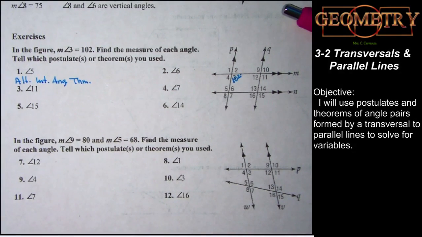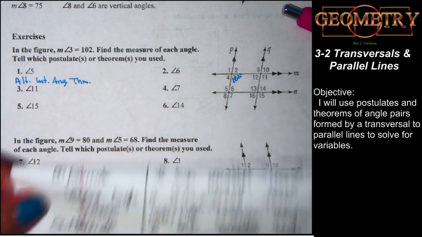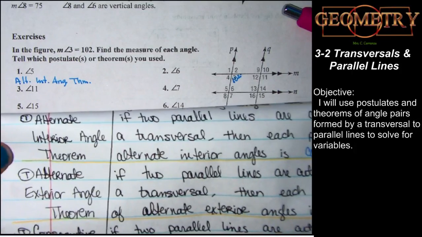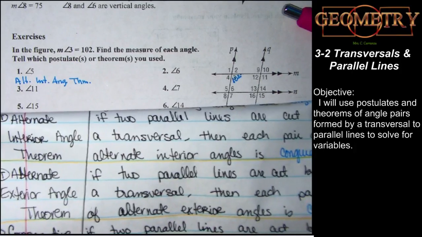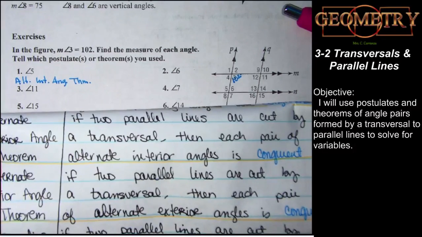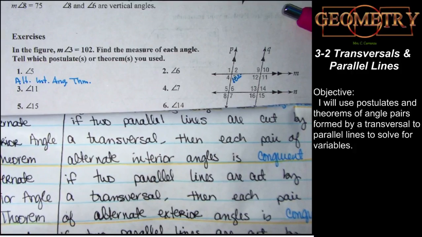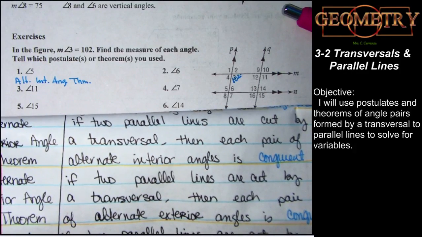On your work, please write it all out. If you write big and fat like me, this is really, really small for me. Do your best, or use another sheet of paper. I'm abbreviating for notes because I don't have very much room. Now the alternate interior angle theorem, according to my notes, says if two parallel lines are cut by a transversal, then each pair of alternate interior angles is congruent.